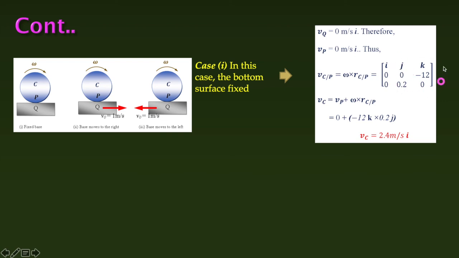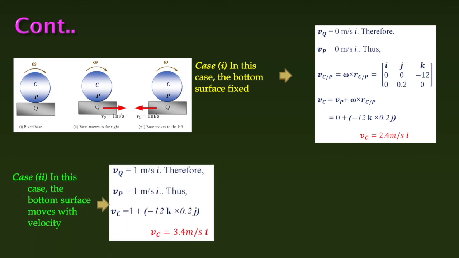So go through the vector product of this and we are getting this value. So V_C equals 2.4 meter per second in the i direction, because it is moving horizontally. Horizontal is considered i, vertical is j, and perpendicular to this plane is k.